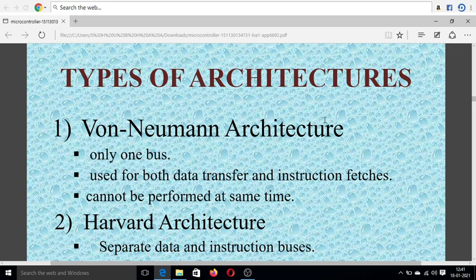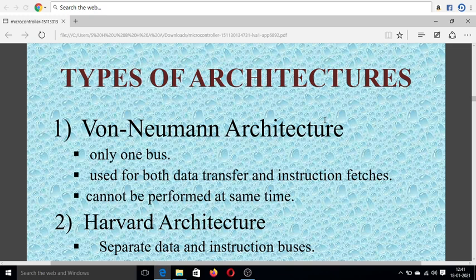In the features of the 8051 we discussed that it has the Harvard architecture, so it can have separate data and instruction buses, and transfers can be performed simultaneously on both buses. The 8086 microprocessor has the Von Neumann architecture, whereas the 8051 has the Harvard architecture with two different buses.